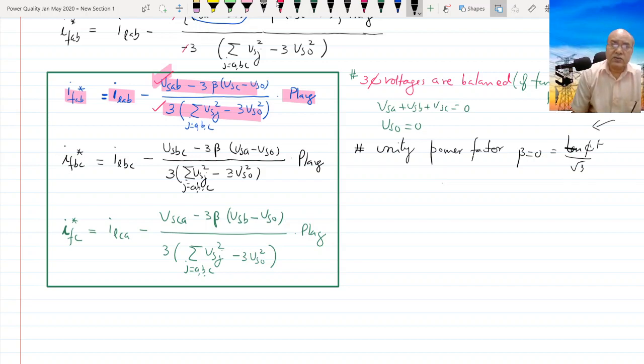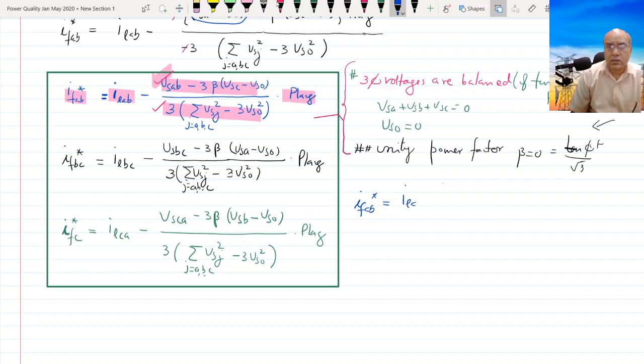Now, if we substitute these conditions back into this expression, then we will get a new expression for these currents, and this becomes IFAB star equal to, what is there?